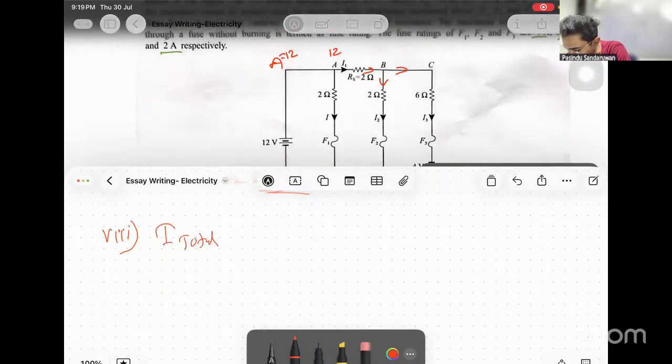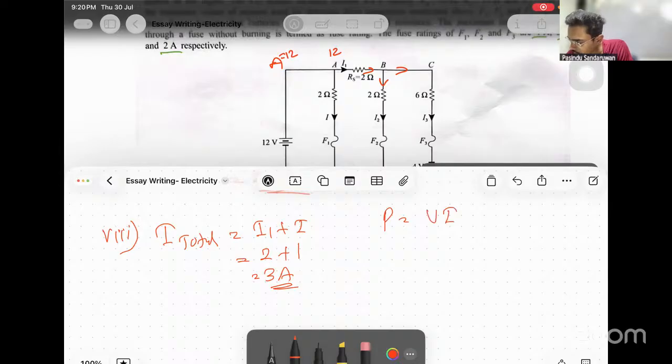I total equals I1 plus capital I. I1 was 2 and I was 1, so that is 3 amperes. So we know P equals VI. V is 12 and I is 3, so that is 36 watts.